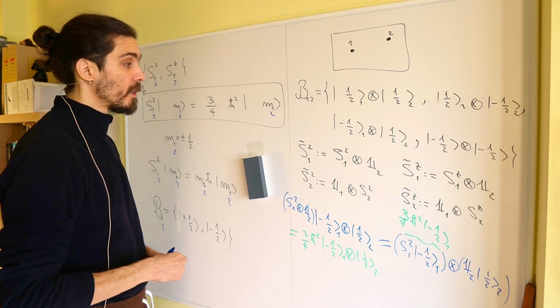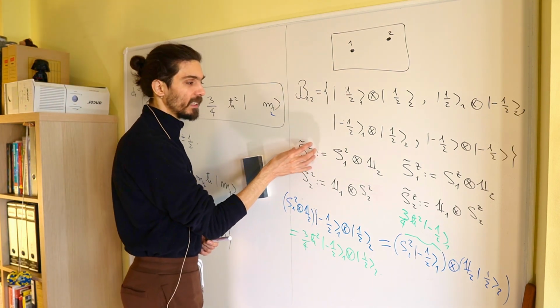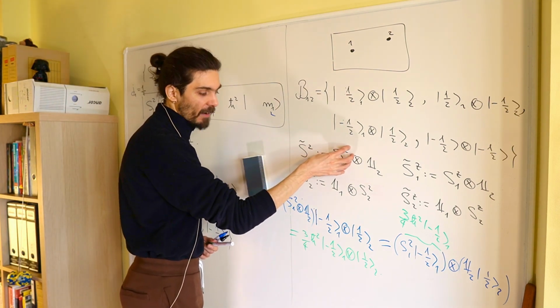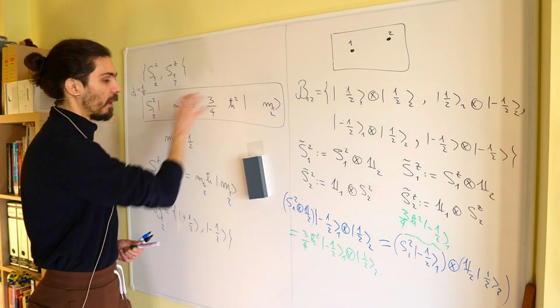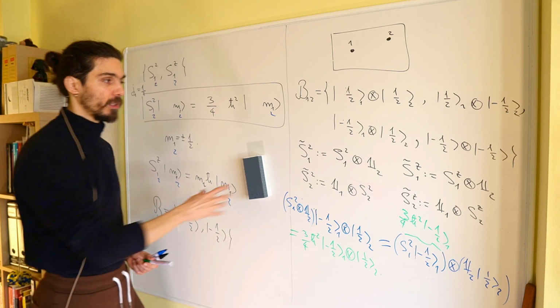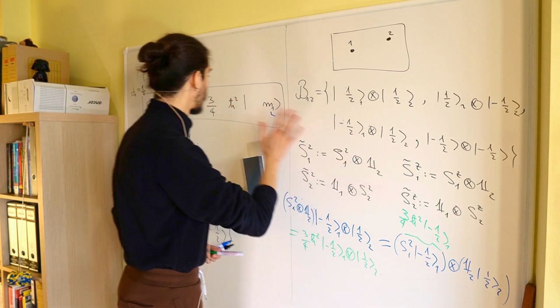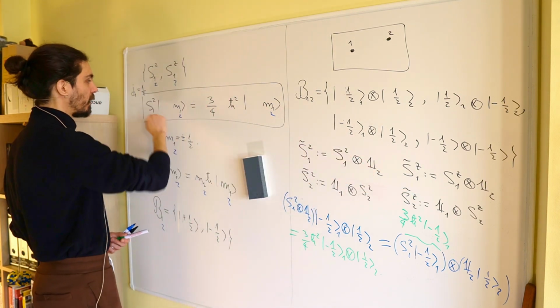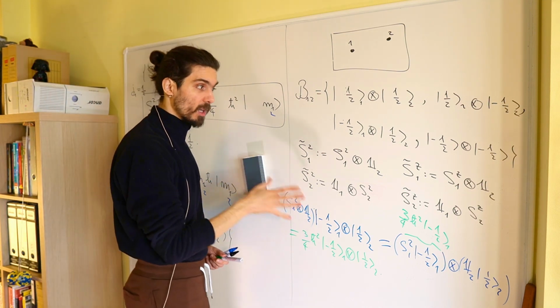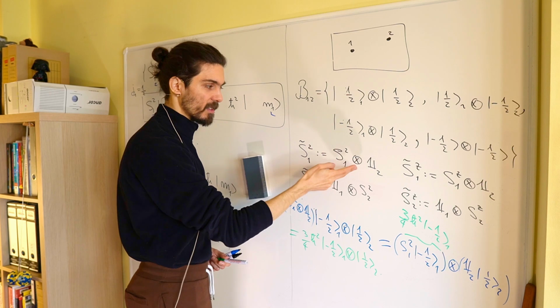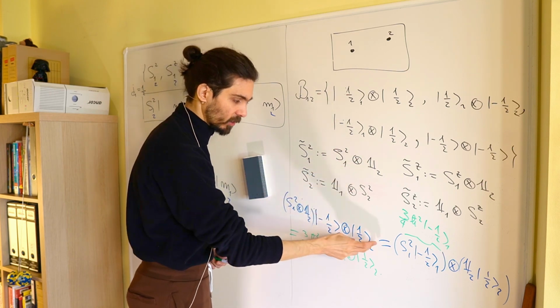So as you can see, it works. This thing only acts on the first, and then it picks this eigenvalue that we got earlier. So the action of this is very similar to what we found here. One thing you need to be careful about is to understand that the identity acts on the second one.